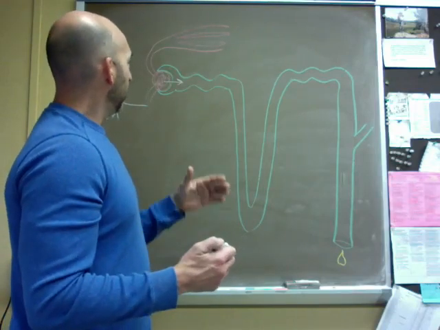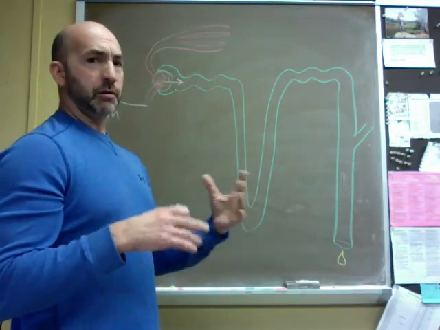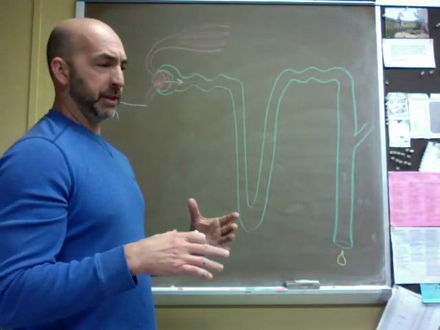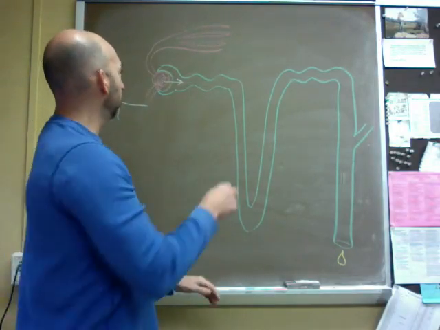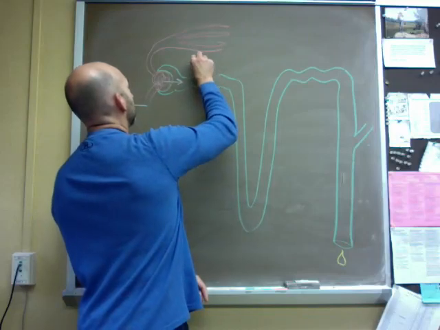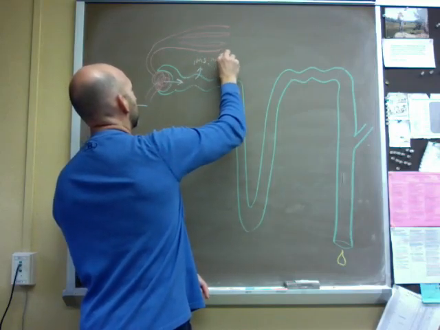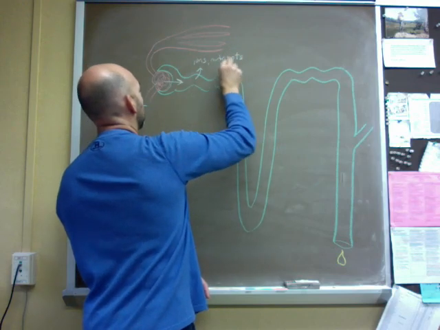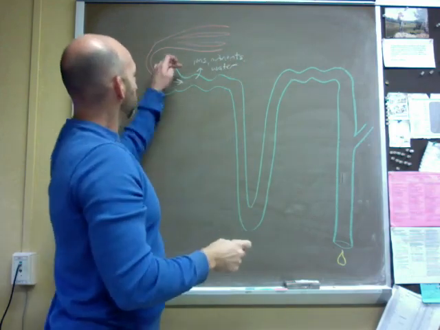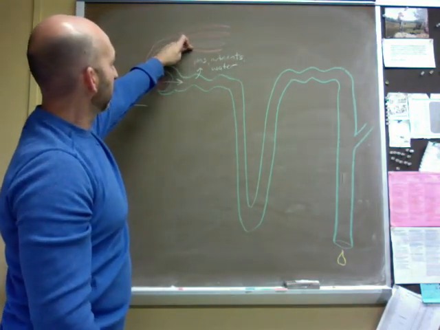I have a previous video that shows you all the mechanisms of transport that the PCT utilizes to move ions, nutrients, and water into the interstitium, where they'll then be taken up by reabsorption.